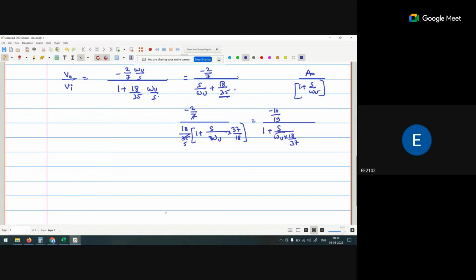And what is the bandwidth? This one. So it is omega u divided by 37 upon 18. That is omega u divided by 2.05.